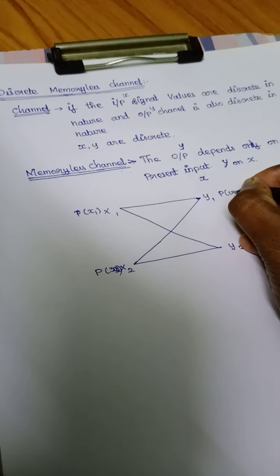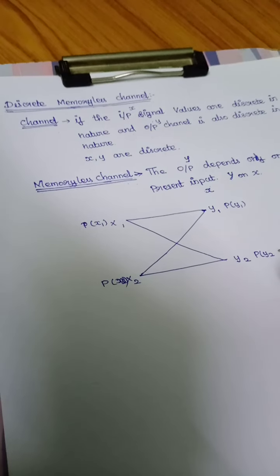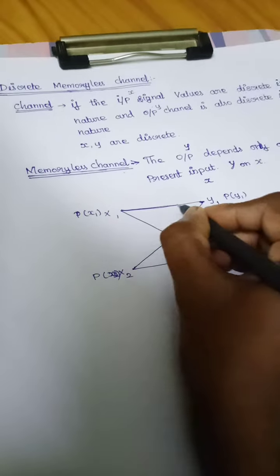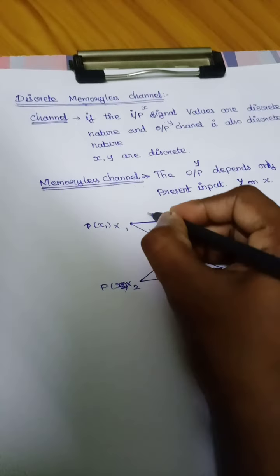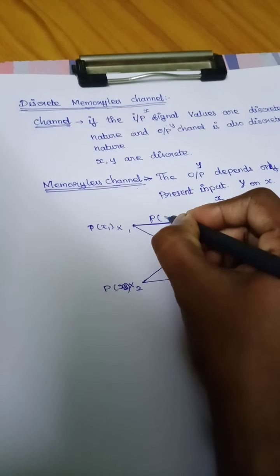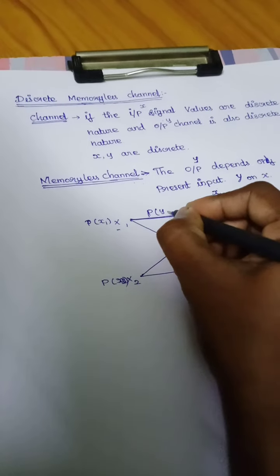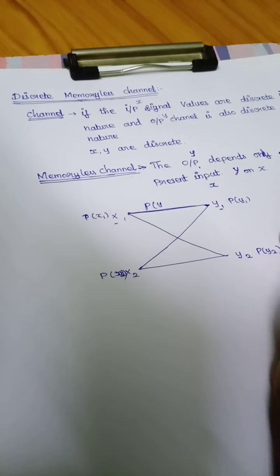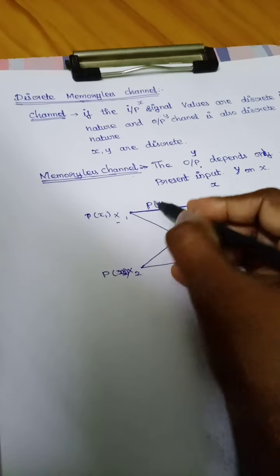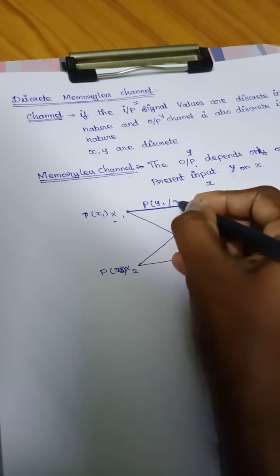Here P of Y1 and here P of Y2. And then we'll call this line as P of Y1 given X1. The output Y depends only on the present input. So Y on X means probability of Y1 divided by X1.